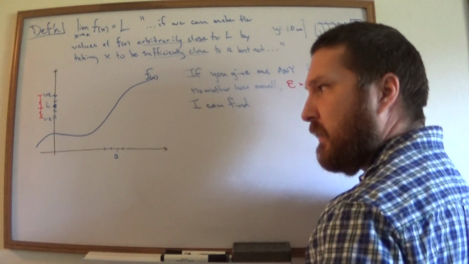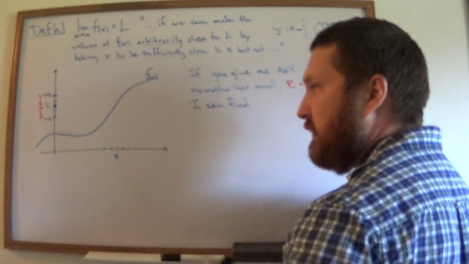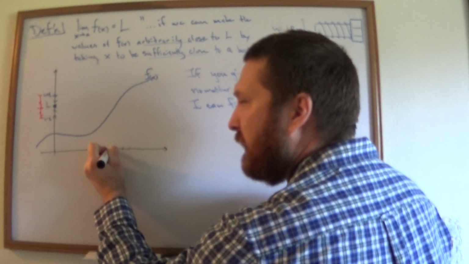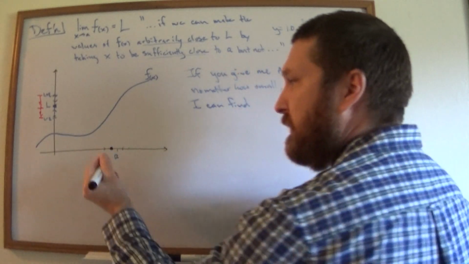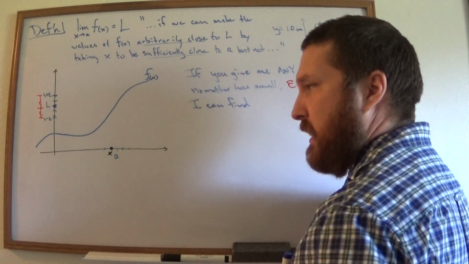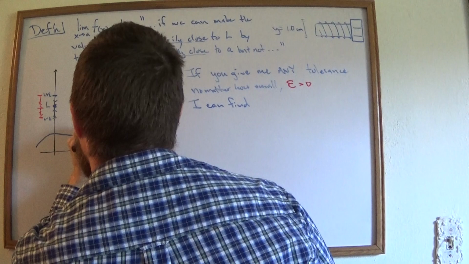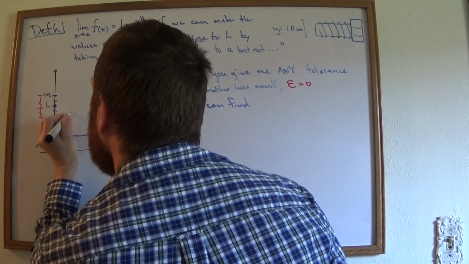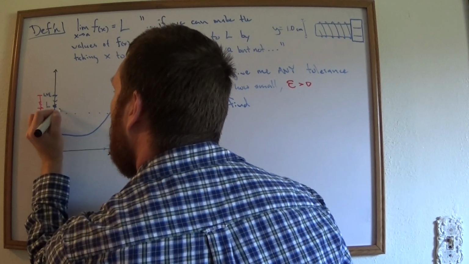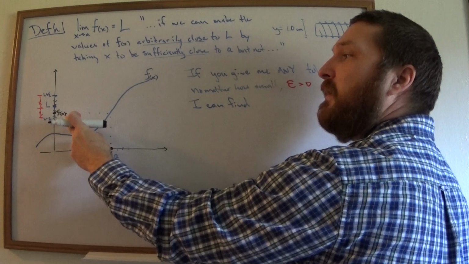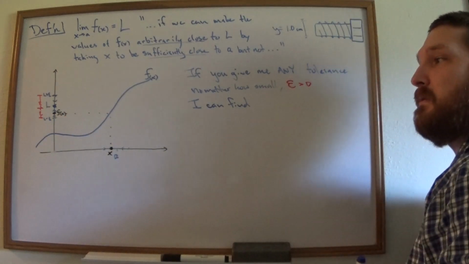You see what I'm saying? If you give me an x sufficiently close, and now we're going to have to figure out what that means, if x is sufficiently close to a, then I can guarantee that the output f of x will be within that tolerance.